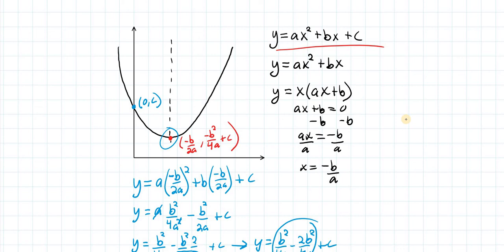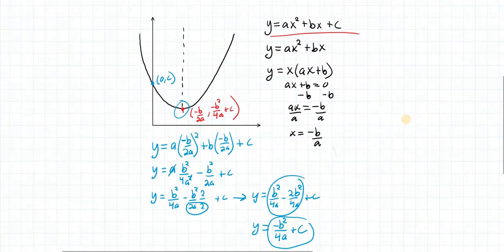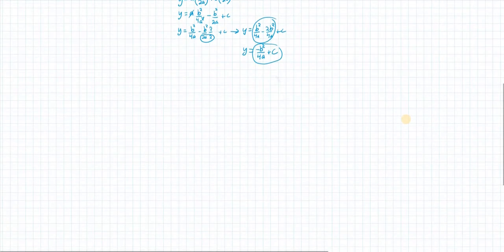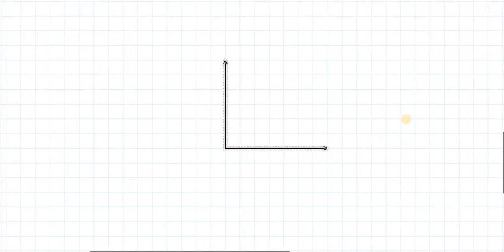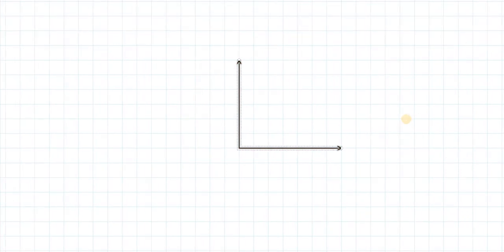Now you might be thinking, hang on a second, you solved this with the parabola in quadrant 1. What if the parabola is somewhere else? So let's just look at that real quick. I'm going to just draw another coordinate axis here, and we'll draw a parabola.